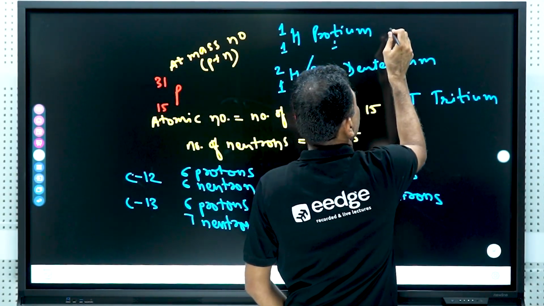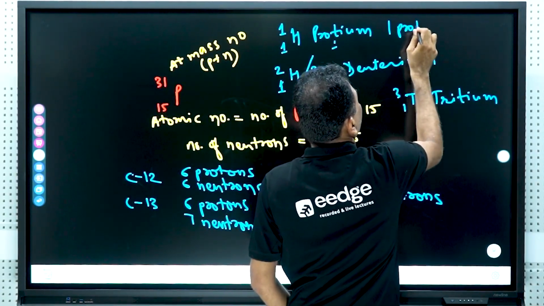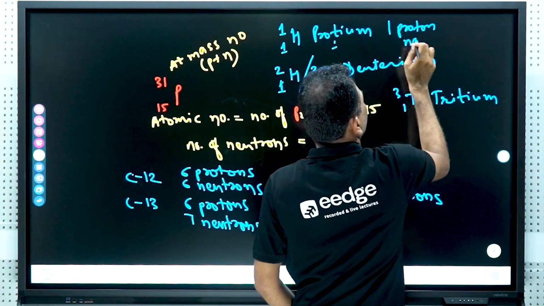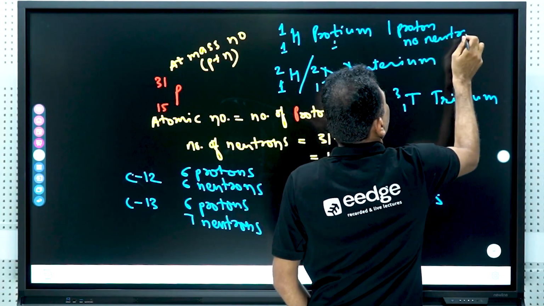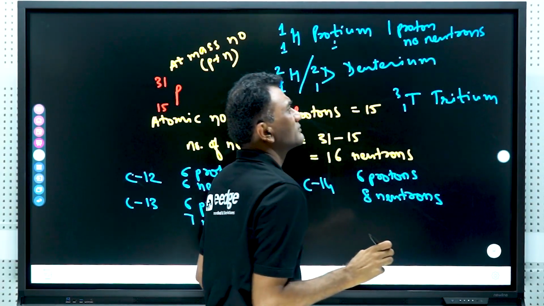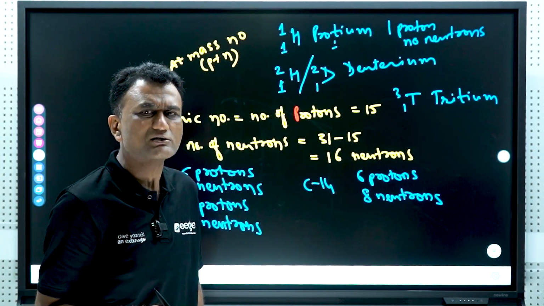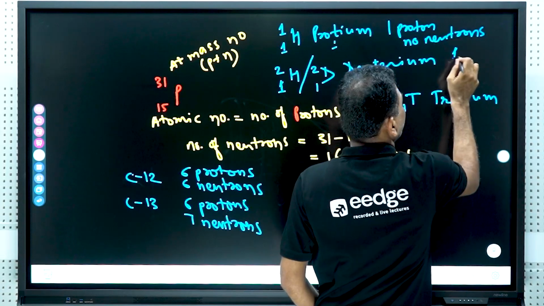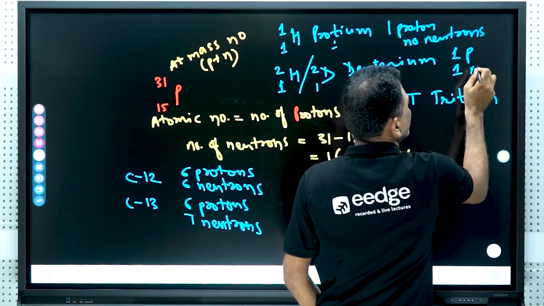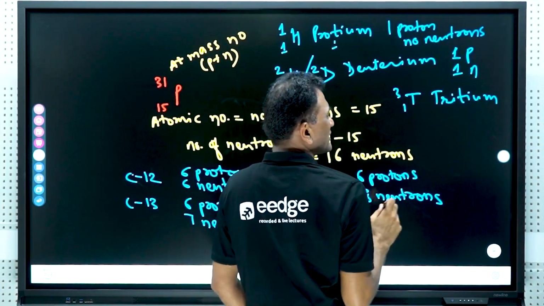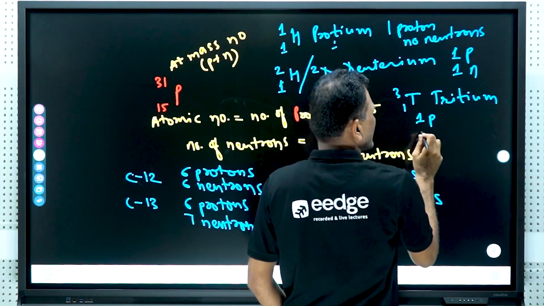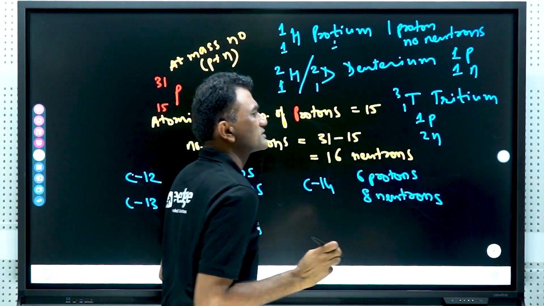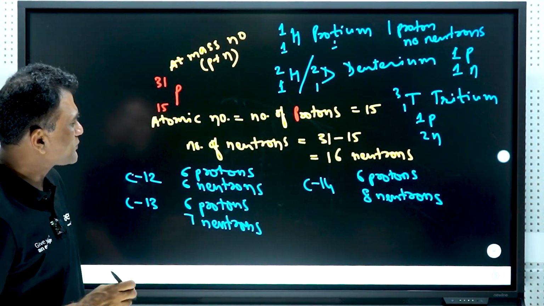So protium consists of 1 proton and no neutrons. This is the only atom in the universe that has no neutrons in it, right? Deuterium consists of 1 proton and 1 neutron, whereas tritium consists of 1 proton and 2 neutrons, right?